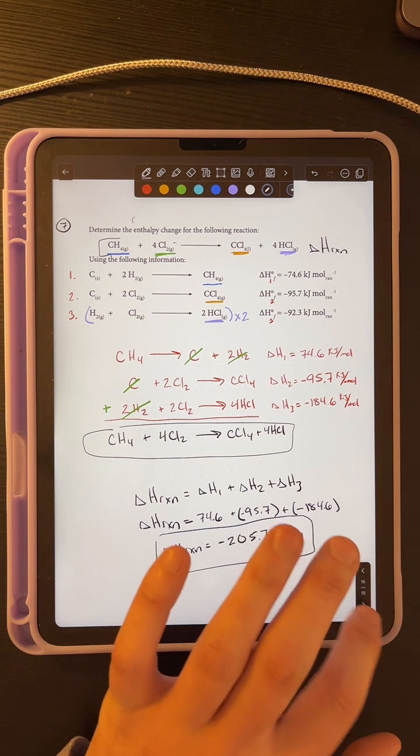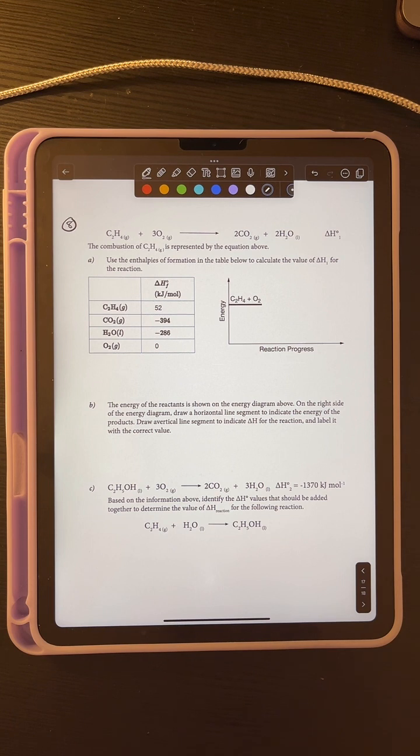So we're going to do number 8, which is this one. And then we'll end on a, I won't say easy one, but a less complicated one. We'll do number 8 and then number 4.